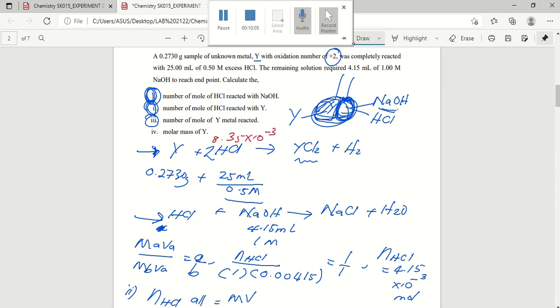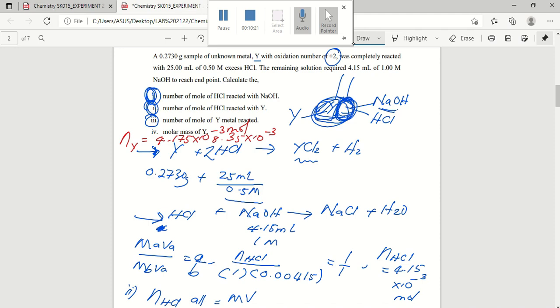So ratio 2 to 1. So the number of mole of Y is 4.175 times 10 to the power of minus 3 mole. So this is the number of mole of Y.